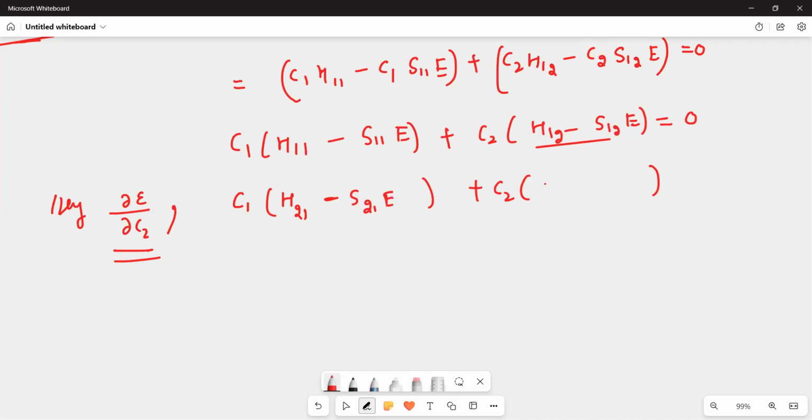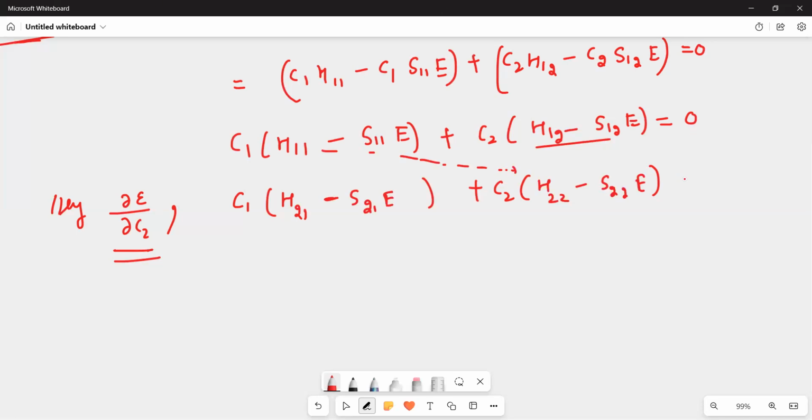And here we are getting H11, but here you will get H22, because here we are differentiating with respect to C2. This will be the only difference in the equation. I hope this is clear. Even if you differentiate with respect to C2 and do all these steps, you will get this one only. So you will get these two equations.